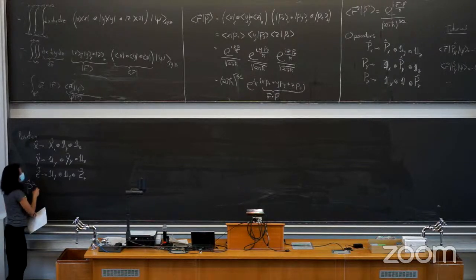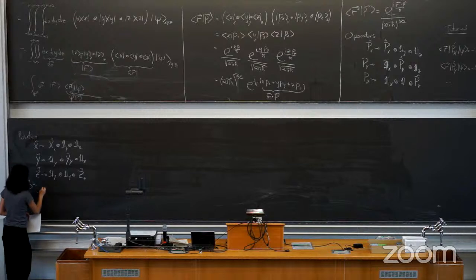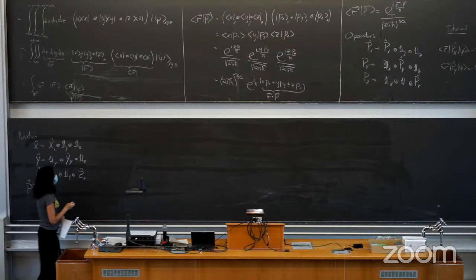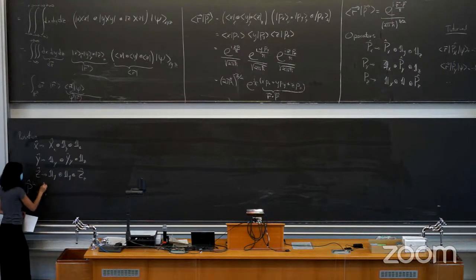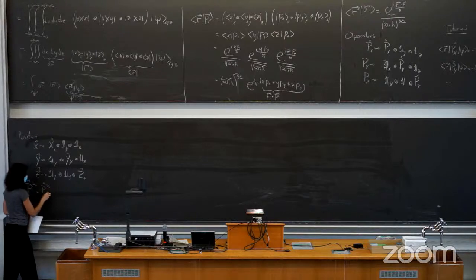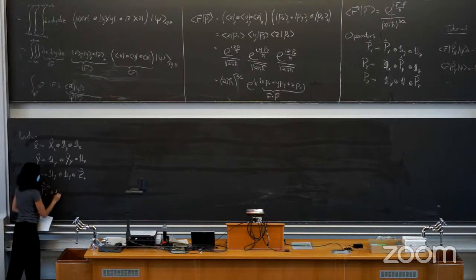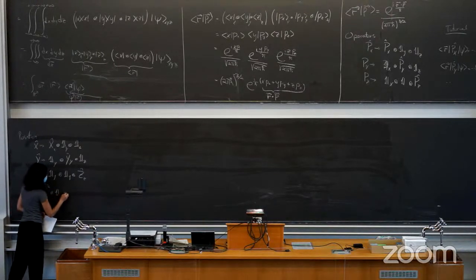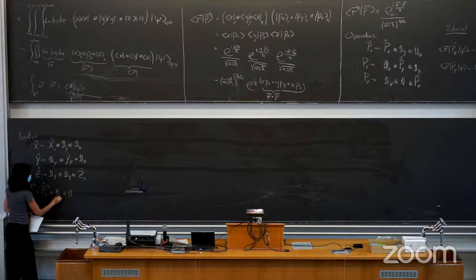So this is just the sum of the squares of everything. So it's going to be Px squared. This is Px squared, which is Px times the identity squared. That's just the identity squared.